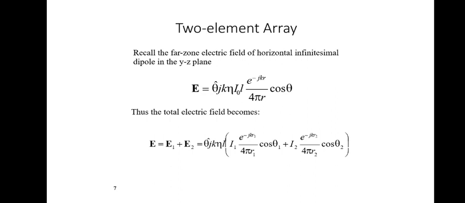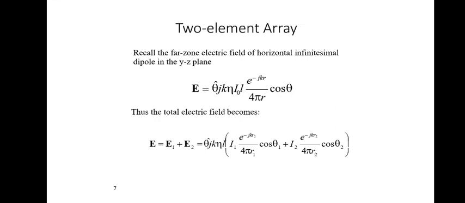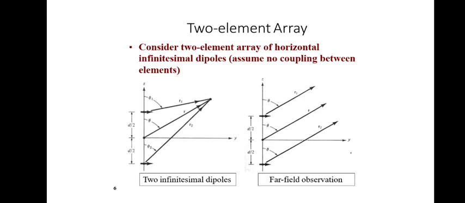Now observe in this figure, at the junction exactly, the terms e power minus j psi by 2 and e power plus j psi by 2, like this.